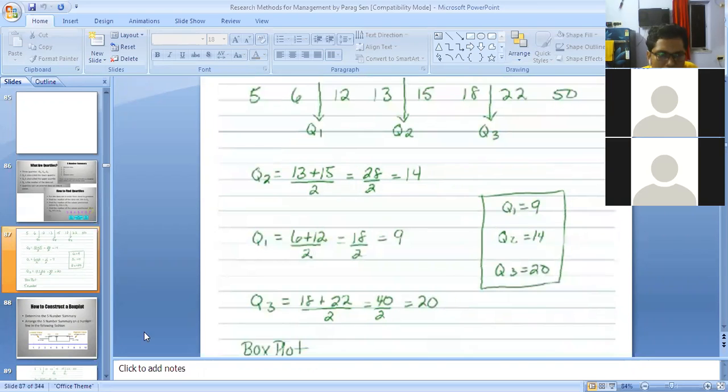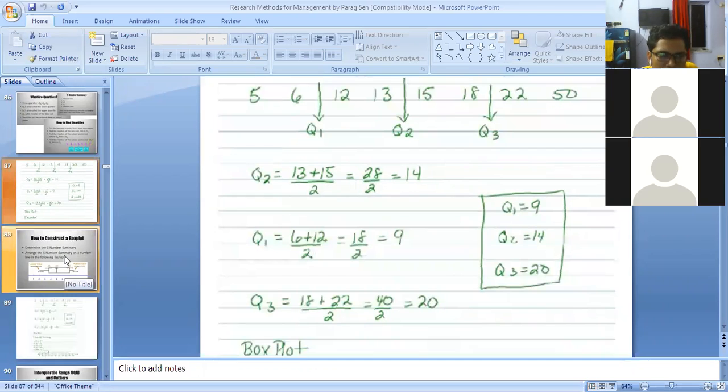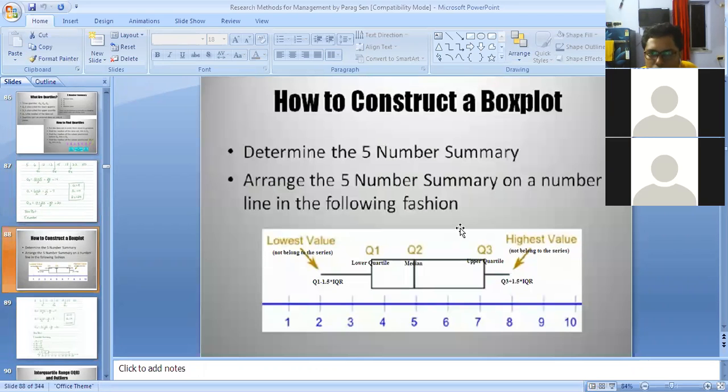So now you will be making your box plot. Along the x-axis, this is your graph: 1, 2, 3, 4, 5, 6, 7, 8, like this.